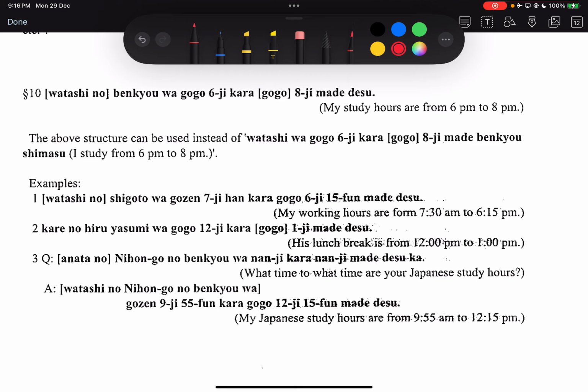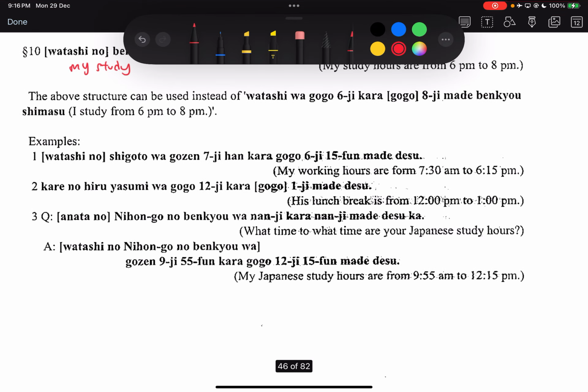So in this case, 私の勉強 becomes my study. It's not that I'm doing the act, I'm just saying my study hours. So my study is afternoon 6 to 8.